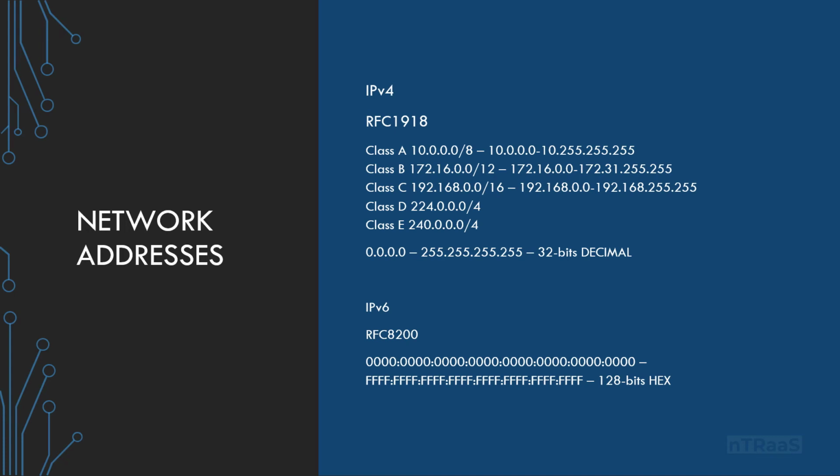IPv6 or RFC 8200 is a little bit different. You're going to notice here that we actually have 128 bits for hexadecimal. As you can see, they're all separated between colon symbols. IPv6 in and of itself is a very long video series, and it changes all the time.